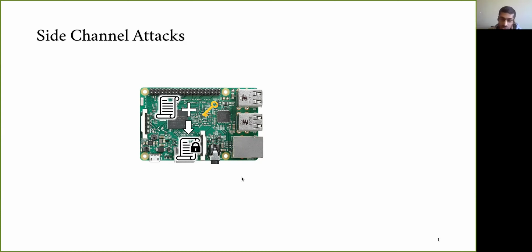While this code is running inside of this device, we can listen to the effects that this device produces. By effects, I mean when this device is working, it interacts with its environment. Sound is one thing.